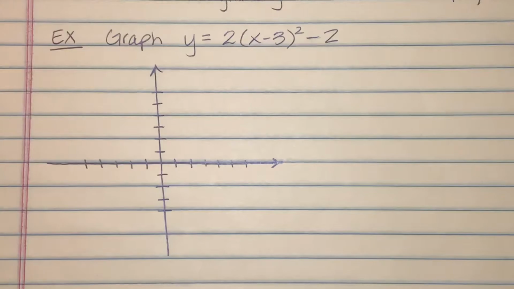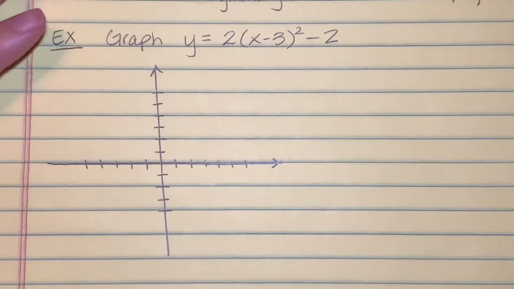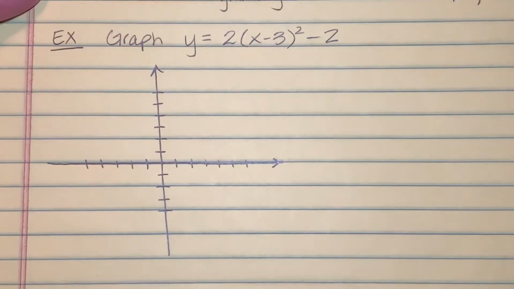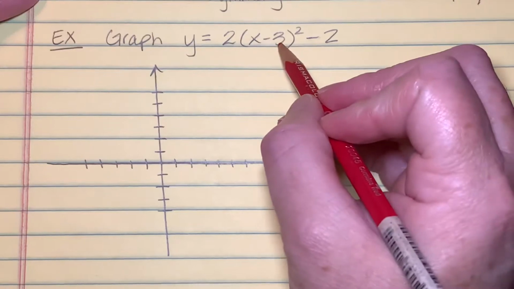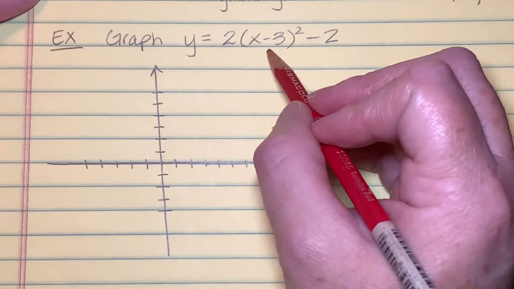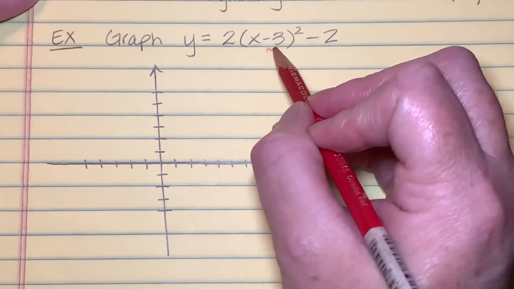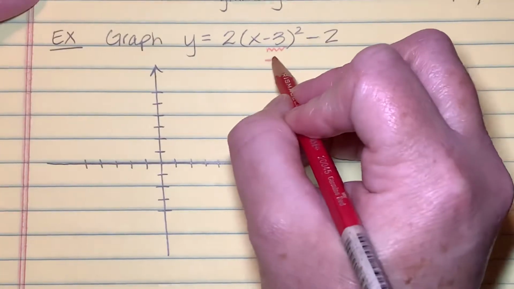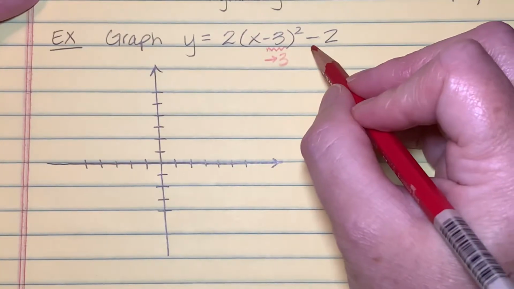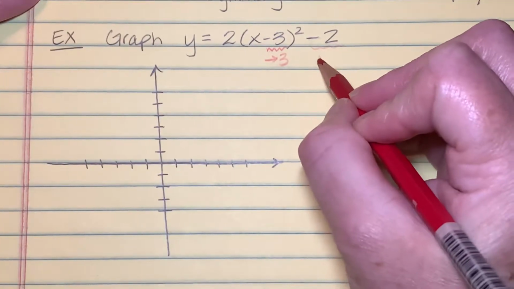So once we've got a good enough graph to get going, where do we start this parabola? So my vertex is where? If you remember this -3, does this go right or left? Right, -3. These are the ones that go opposite. So this is actually going to go right 3, and then this is going to go down 2.